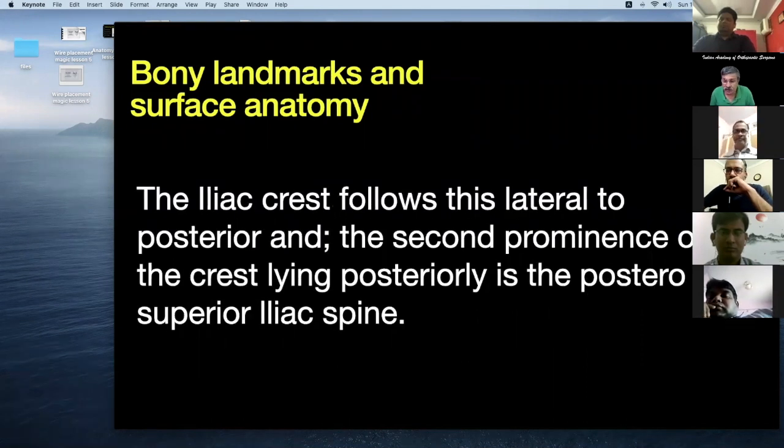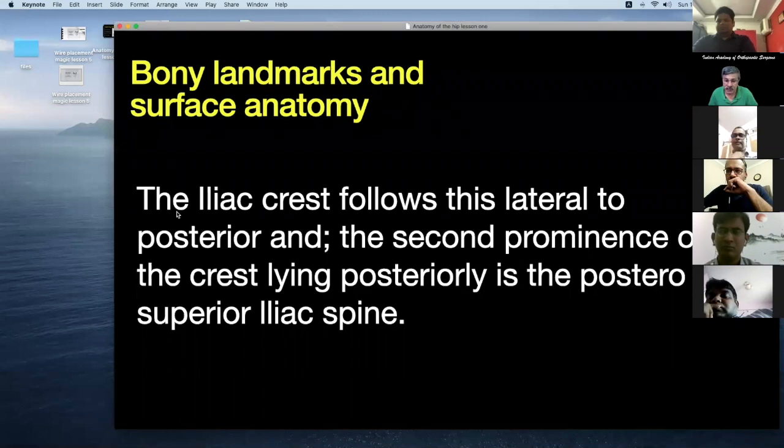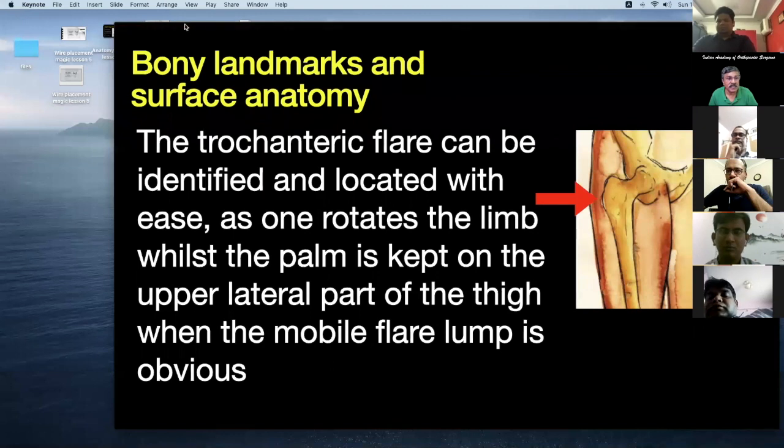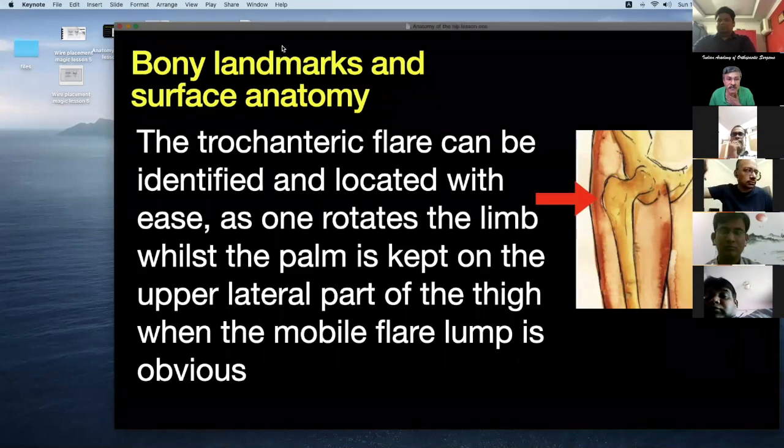The iliac crest follows this laterally to posterior, and the second prominent part of the iliac crest lying posteriorly is called the posterior superior iliac spine. The trochanteric flare can be identified and located with ease as one rotates the limb while the palm is kept on the upper and lateral part of the thigh, when the mobile flare of the trochanter is obvious.